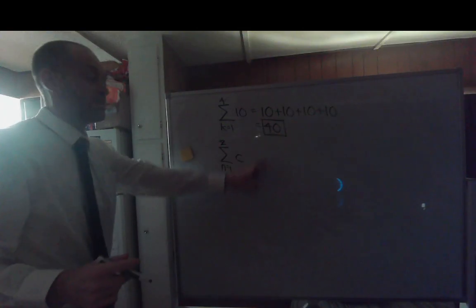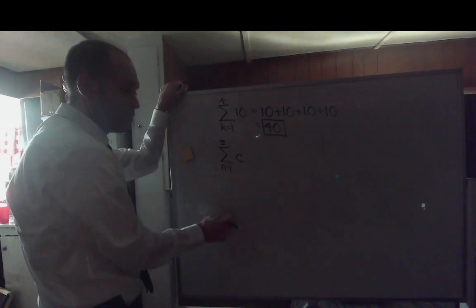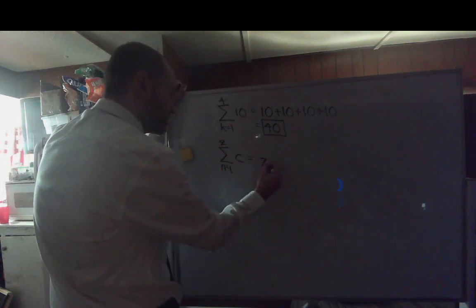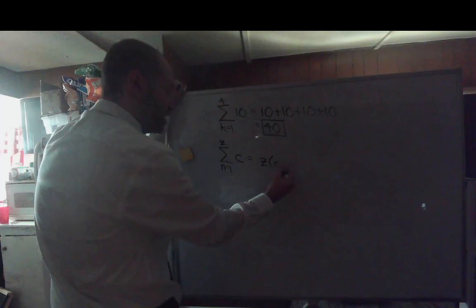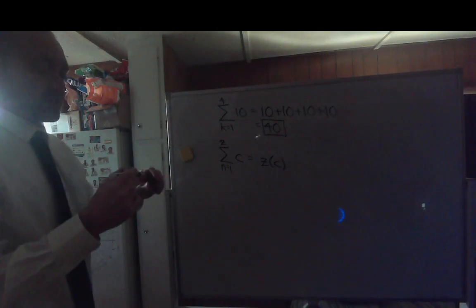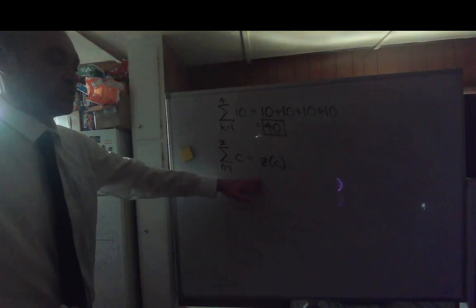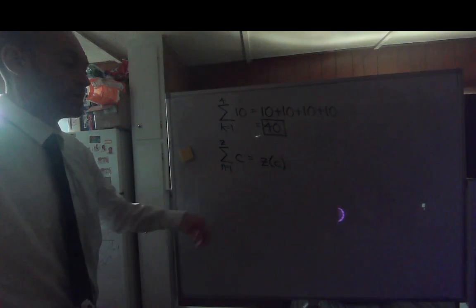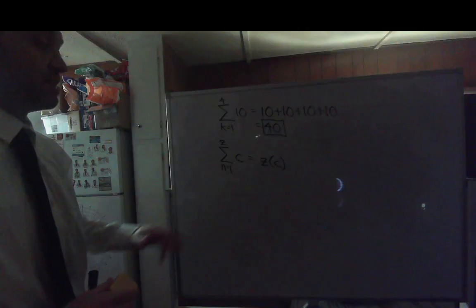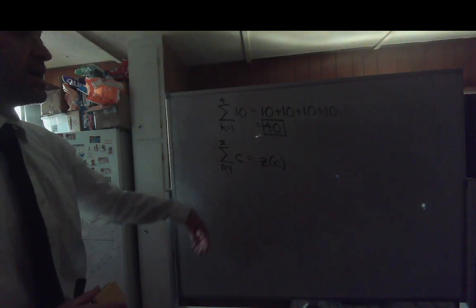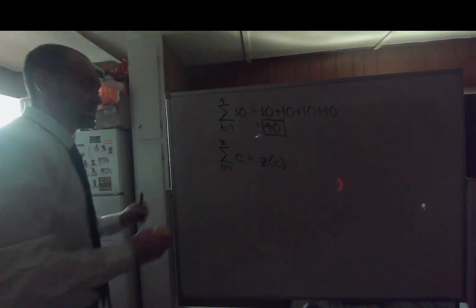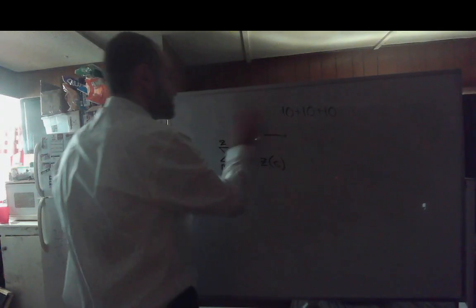If you have the sum of a constant term from 1 to whatever, it's the same thing as taking your upper limit of summation times the constant. That does work for all constant term sums. That's assuming that n starts at 1. If not, it's going to change a little bit. But if n starts at 1, then you just take your upper limit of summation times the constant. You'll get the exact same thing. So let's see if we can find another one like this.